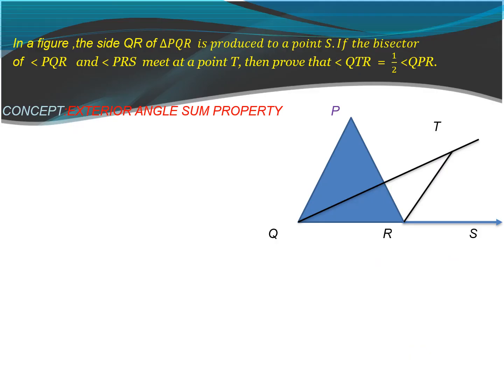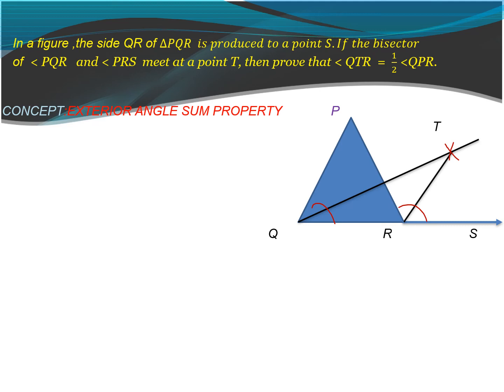One of the important questions of NCERT. In a figure, the side QR of triangle PQR is produced to a point S. If the bisectors of angle PQR and angle PRS meet at a point T, then prove that angle QTR is equal to half angle QPR.